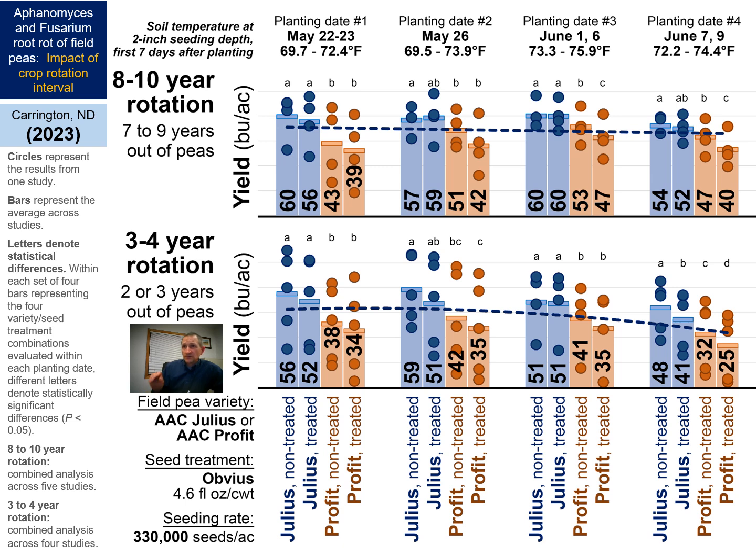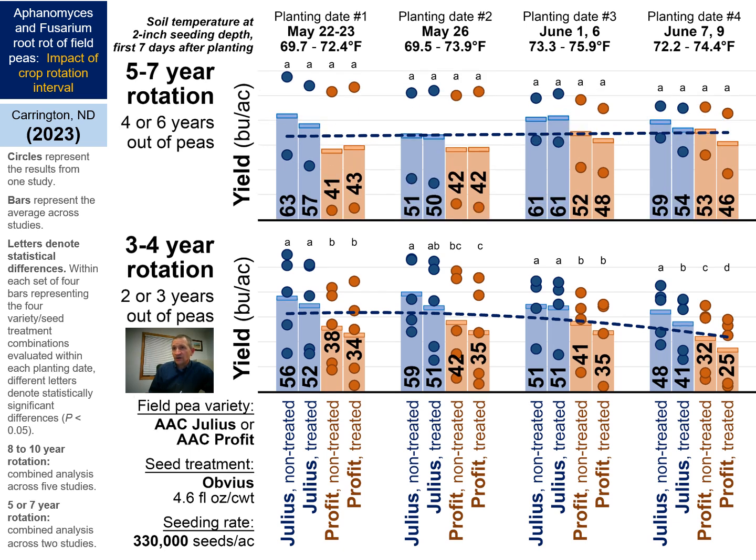So the take home here is the same as in 2024. If you have a tight crop rotation interval, it's really important to plant a field pea variety that has some tolerance to Aphanomyces. If you have a wider crop rotation interval, you're going to have a little bit more flexibility on your field pea variety selection. The tolerant variety is still going to perform better, but the penalty for getting the variety wrong is going to be much lower.